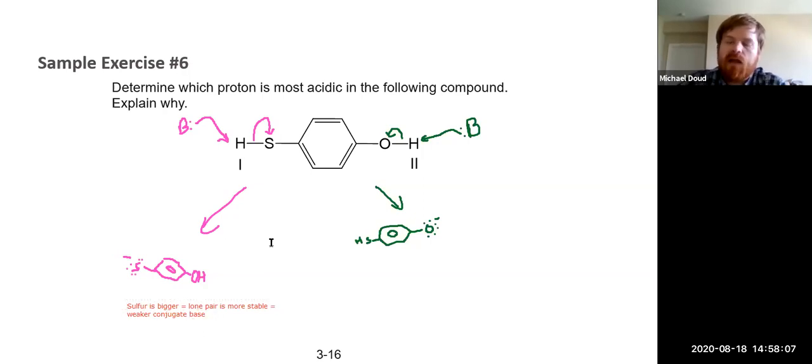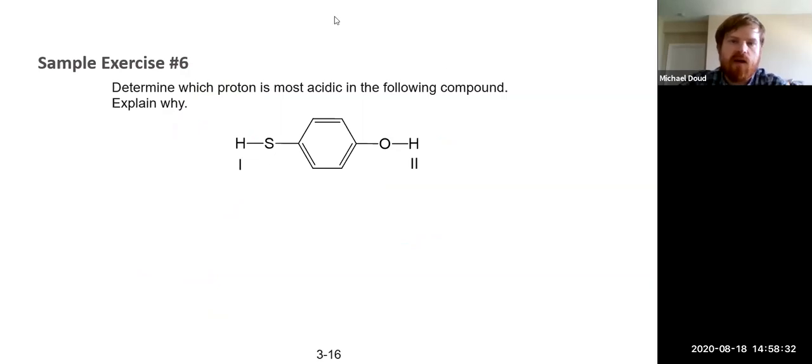And we know already that the weaker conjugate base is going to be the more acidic proton. In this case, we're evaluating the SH bond versus the OH bond. We form a more stable lone pair on the sulfur. That means that 1 is going to be more acidic. So this is our answer.